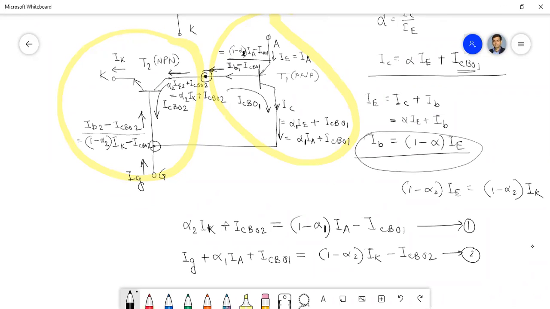The base current of transistor 2 is basically coming from the gate. So when you provide the gate signal to the thyristor, you are actually trying to switch on the T2 transistor. When you supply sufficient gate current, this gate current is basically the emitter current for transistor 2.